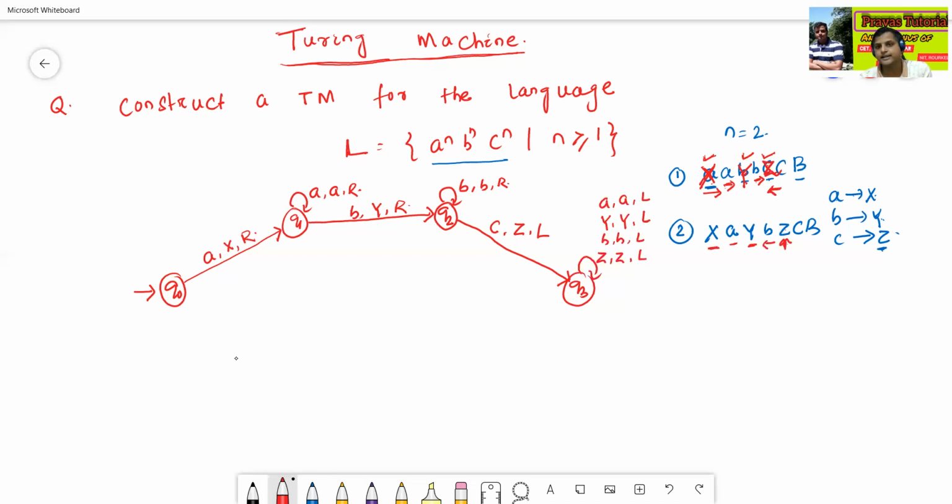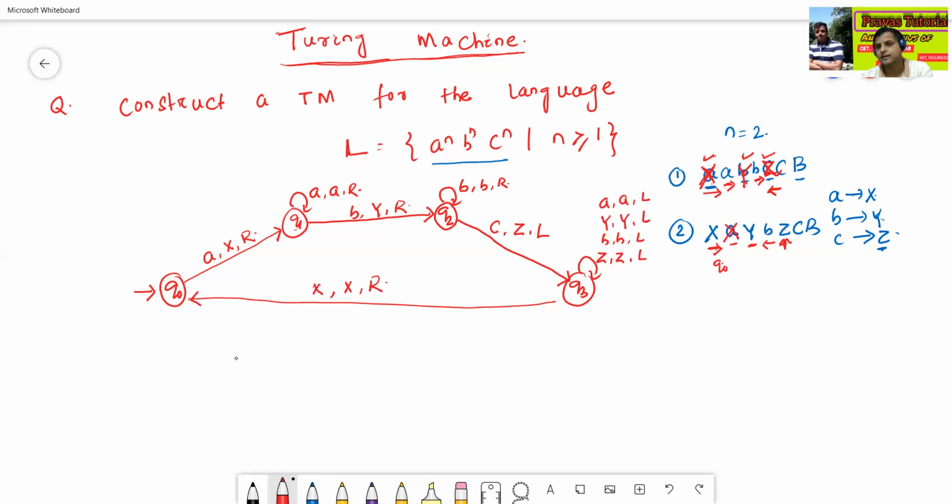When Q3 reads X, it writes X and moves towards right. Then it goes to the Q0 state. Now Q0 reads A, writes X, and moves towards right.